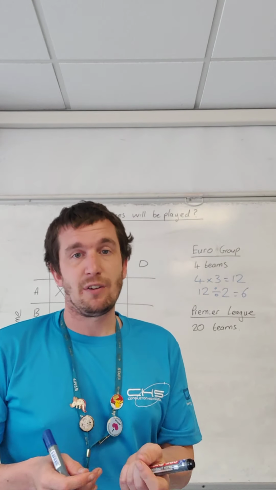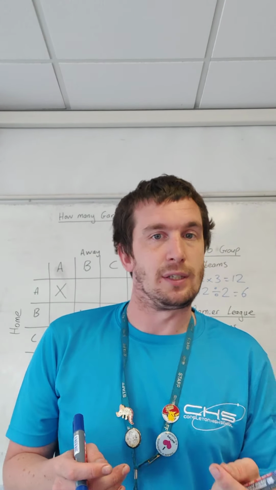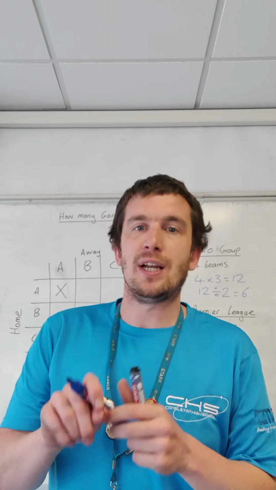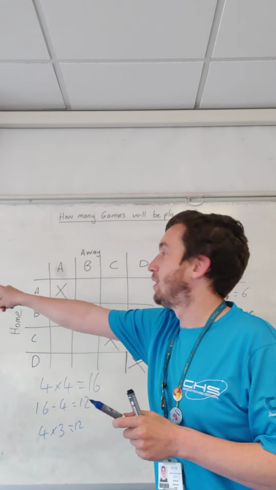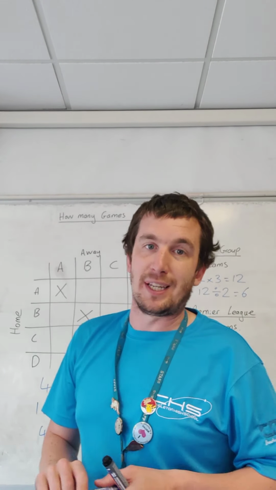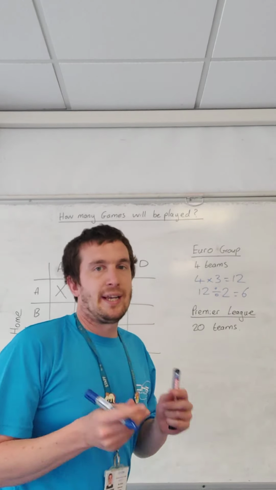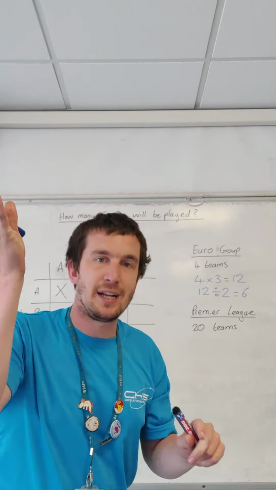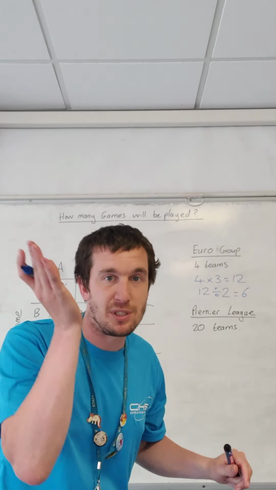Now, the Premier League fixtures were released recently, and there's 20 teams in the Premier League. So rather than having to draw out a grid like this with all of the teams on and then cross out down the middle where they can't play each other, we can imagine it's going to create a 20 by 20 square, but the teams can't play themselves.